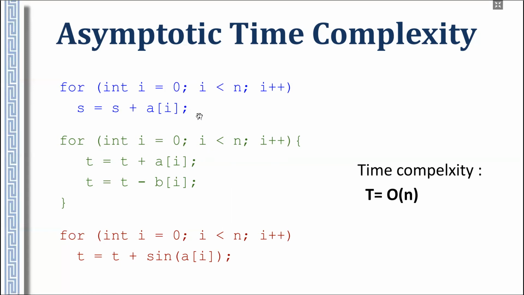But in fact, the time of one step for the blue code is about 2 times smaller than the time of one step for the green code, and the red code is definitely much slower than these two, because sine works longer than these arithmetic operations. But for all of them, we say that the time complexity is O(n), and it is also the same asymptotic time complexity for the whole code if we do it one by one.